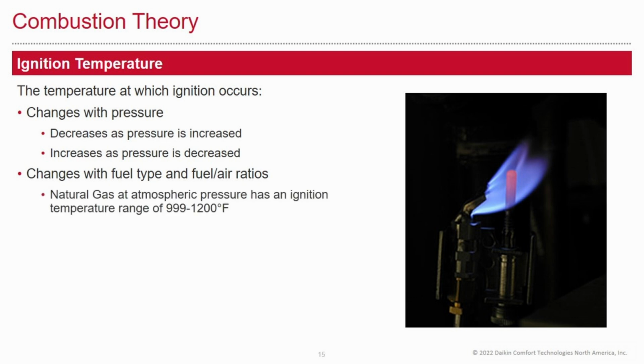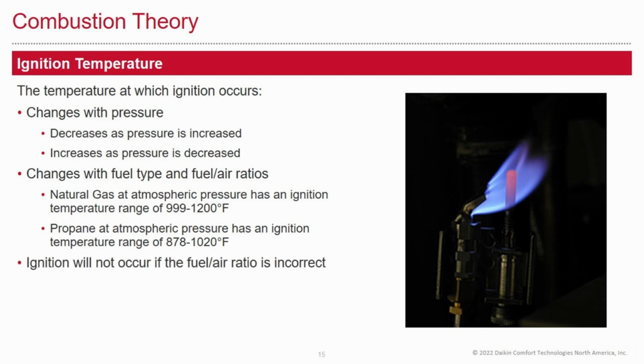Natural gas at atmospheric pressure has an ignition temperature of 999 to 1,200 degrees Fahrenheit. LP at atmospheric pressure has an ignition temperature of 878 to 1,020 degrees Fahrenheit. Ignition will not occur if the fuel-air ratio is incorrect.